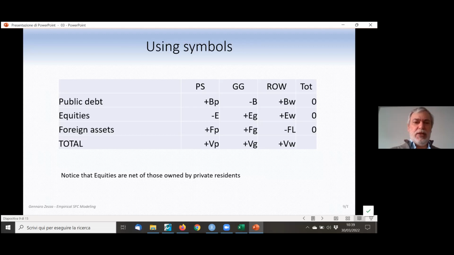And we will have to do a little work on the data. And I think it should be particularly relevant for our foreign assets, because as we saw, the change in the stock of foreign assets is very different from the balance of payment.